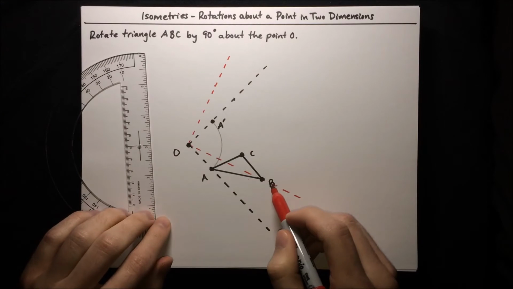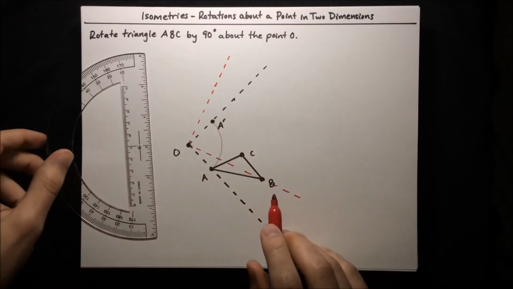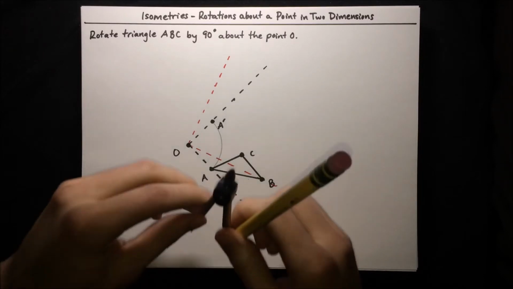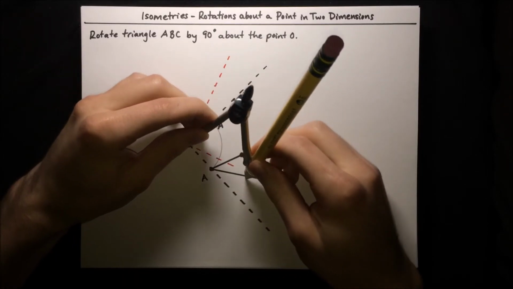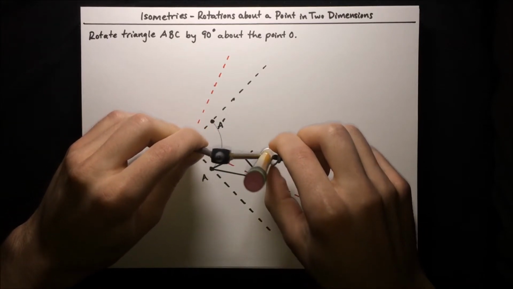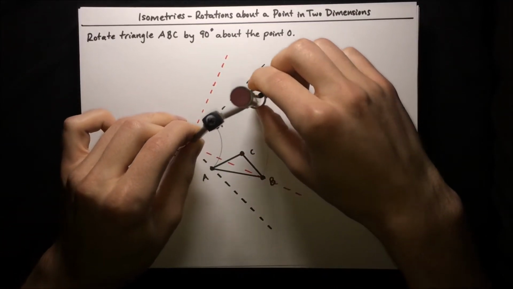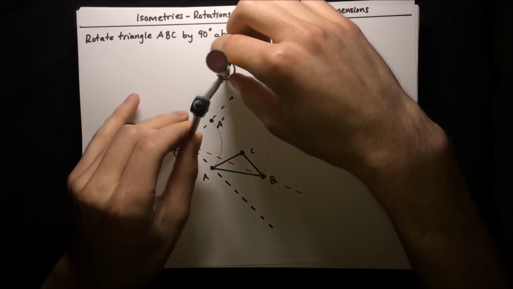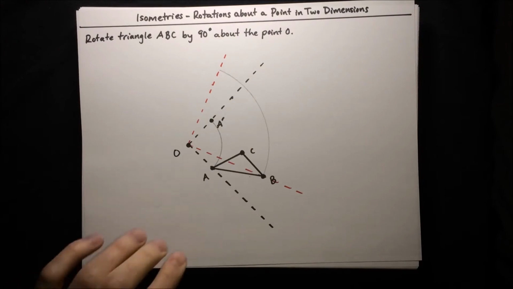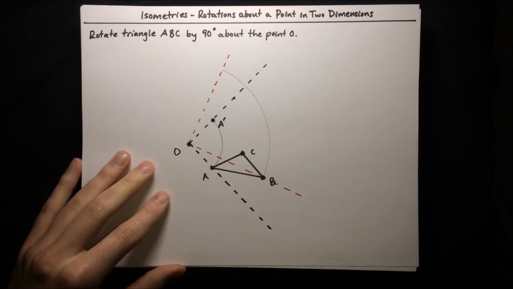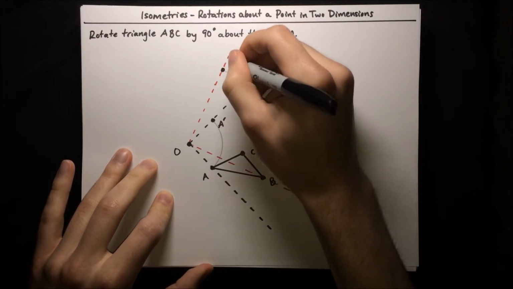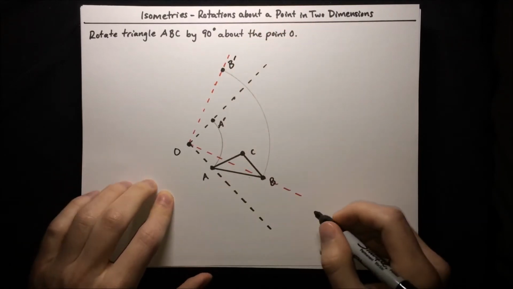So now we just have to figure out where does B go on this ray, and we can do that using our compass. We'll extend it to the length of B, and then we'll turn it until it meets that ray that we've drawn. Okay, so it meets the ray right over there on the other side of the angle, and that's where we'll put the point B. So we'll label it B prime because this is the rotated point.